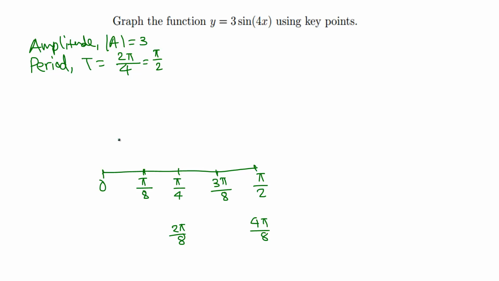Now we need to find the corresponding y coordinates. Okay, if you recall, for regular sine x, y equals sine x, the graph is like this, and the key points are 0, 0; at pi over 2 you get 1; at pi, 0; at 3 pi over 2 you get -1; and at 2 pi, the corresponding y coordinate is 0.